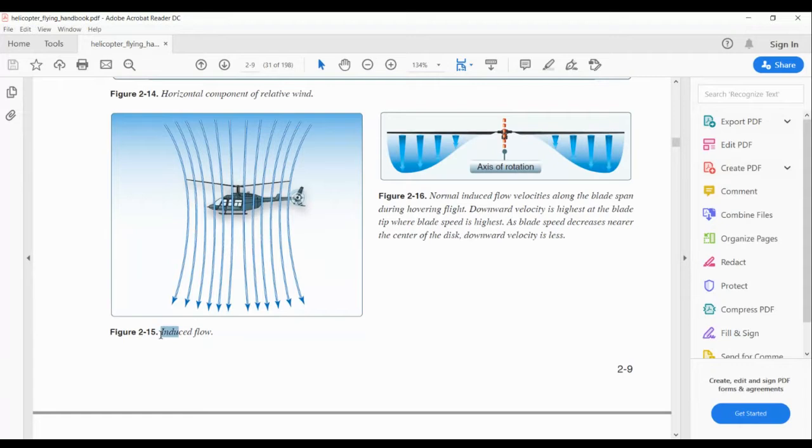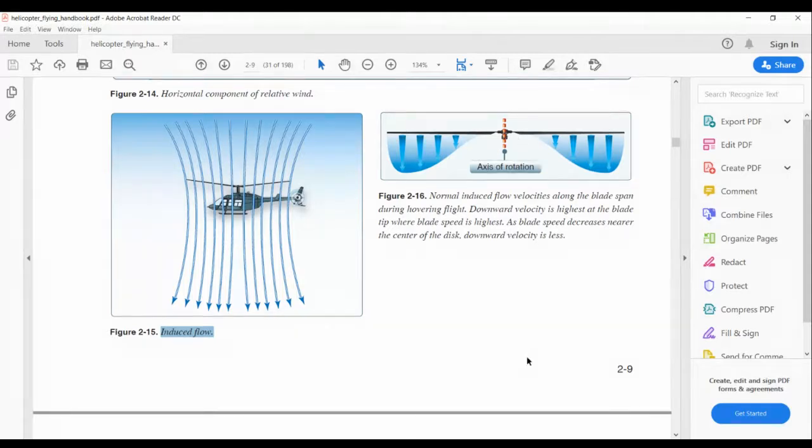Here you can see the induced flow, which we have seen as a stream tube condition. At the tip the inflow is larger, and throughout the span it keeps on reducing. In the right side image, the effect of inflow is higher at the tip and decreases towards the root.